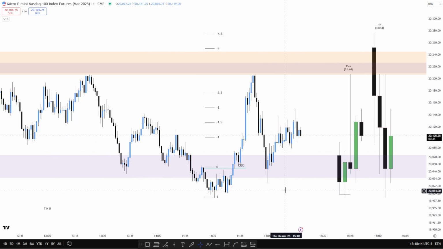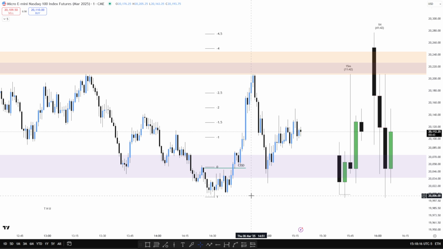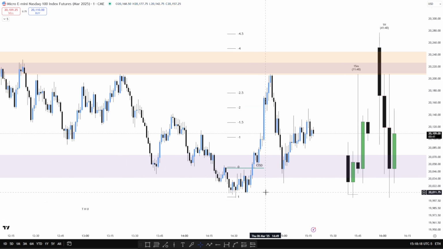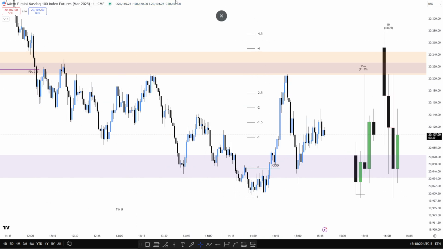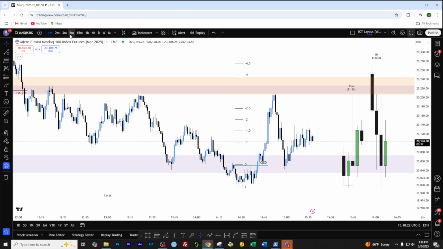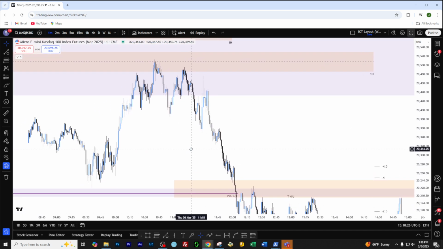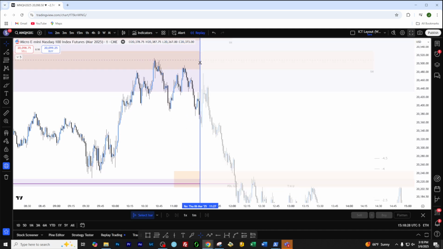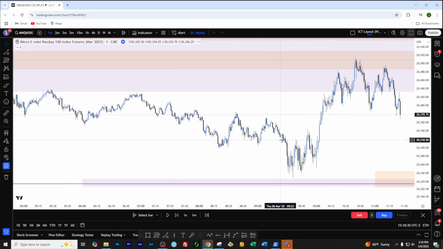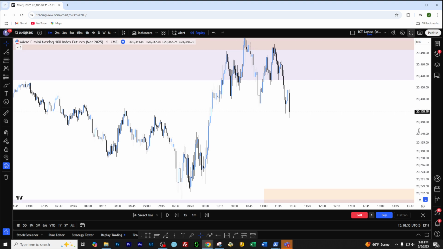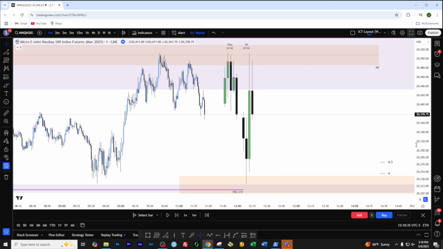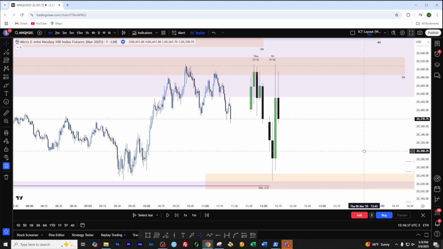Let me see if I can back up to earlier in the day here. All right, so this was the second of two trades that I took earlier, if I remember correctly.